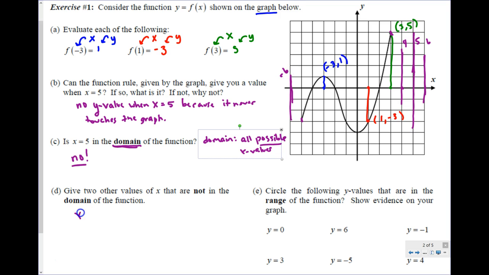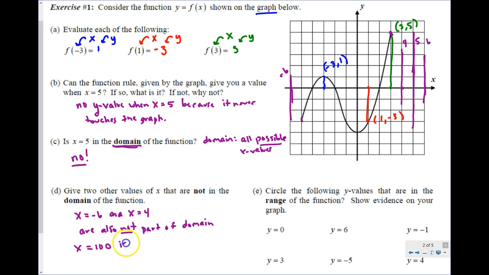So I could say, okay, x equals negative 6 and x equals 4 are also not part of the domain. I could be crazy and even say x equals 100 is not part of the domain. Even though 100 is not on that graph, I know the number 100 exists somewhere, but I know that it won't be part of this domain because it'll never cross the graph.